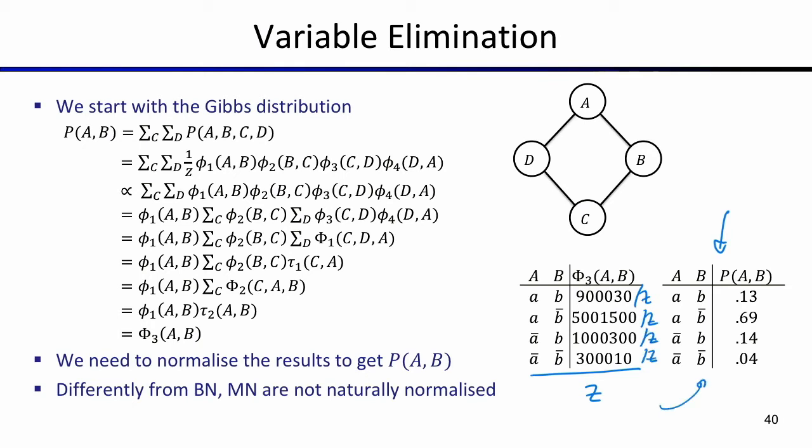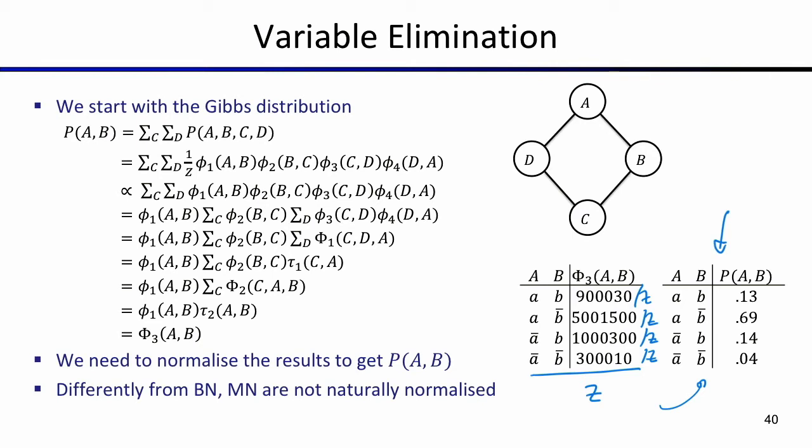So that's good. In some sense, that's good news because we don't need to compute the partition function in another step, right? And that would be very expensive if we had to compute all the entries in the joint distribution and sum over all those entries. What's going on here is, in fact, that because we do the multiplication and the summation of the numbers, we are not losing anything.